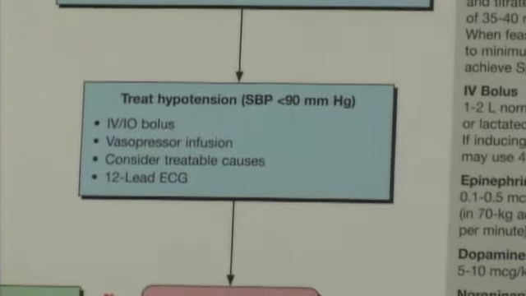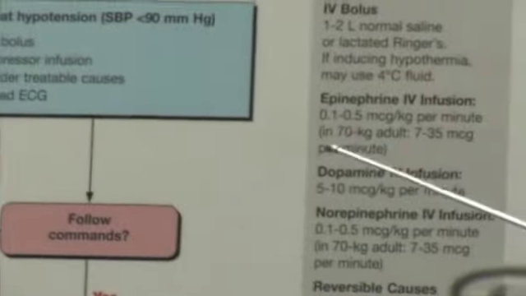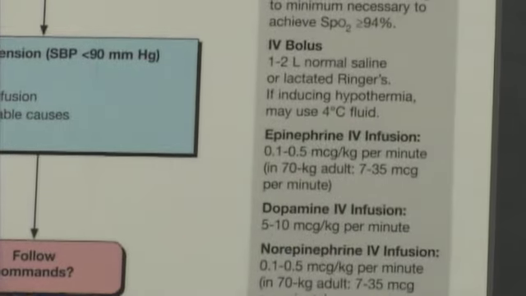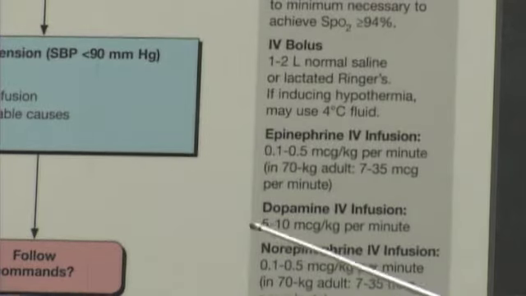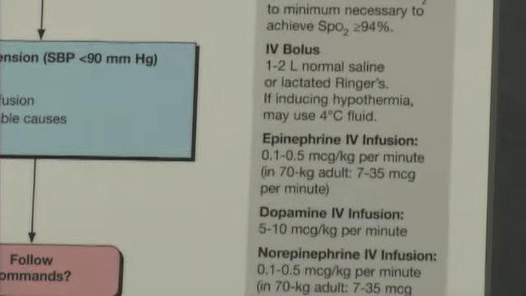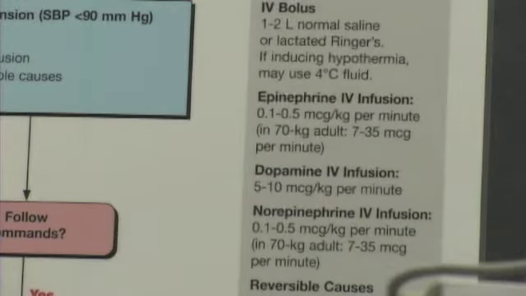Now, the book will also talk about if our patient was in VFib or VTach or one of those other arrhythmias, we need to put this patient on an antiarrhythmic infusion drip.